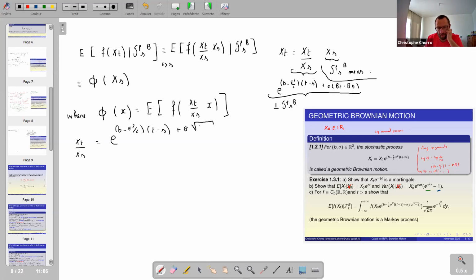It's a N(0, t minus s), so I can write this random variable in distribution as this one, where J follows the N(0,1). It's just because Bt minus Bs follows the N(0, t minus s). So when I want to compute this expectation, I have just to compute the expectation of this random variable where J is a N(0,1), and so phi of x may be expressed as an integral with respect to the density of N(0,1).